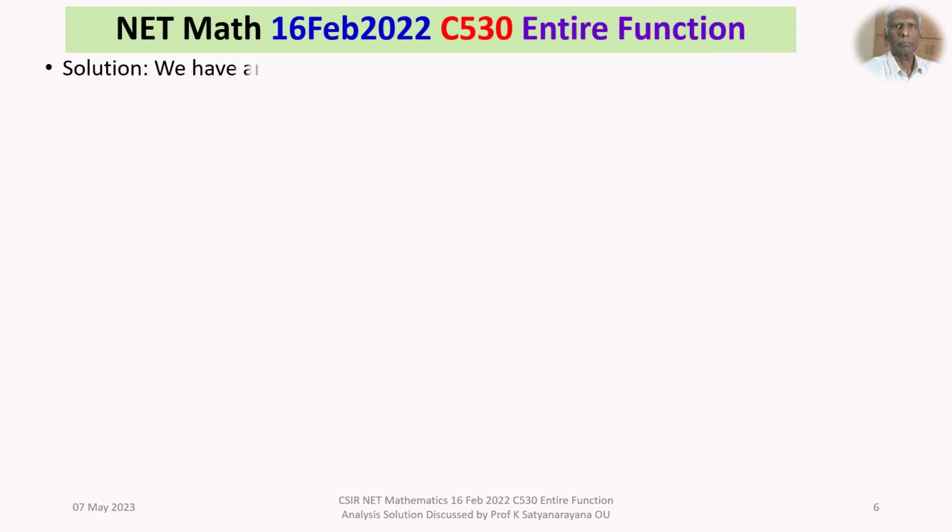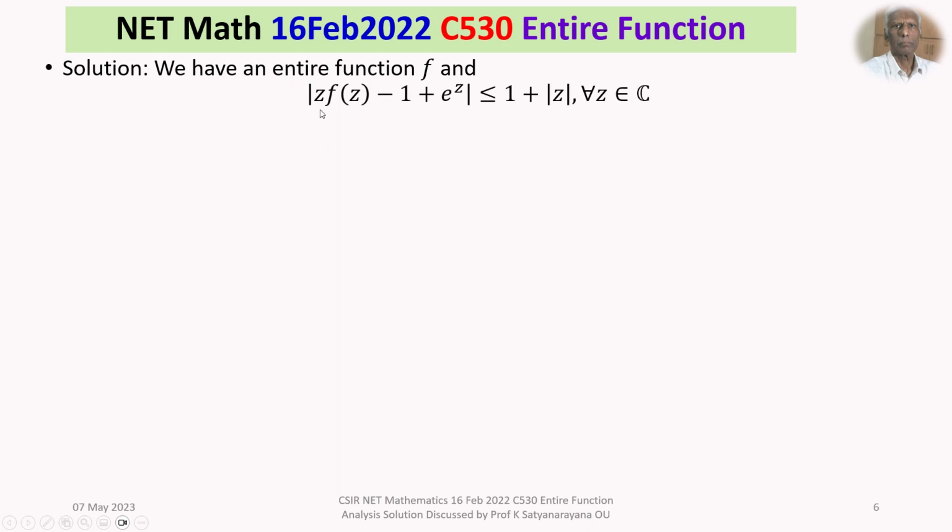We now discuss the solution of the problem in detail. We have an entire function f and it is given mod of z times (f(z) minus 1 plus e power z) is less than or equal to 1 plus mod z for all z belongs to C. Now divide throughout by z.